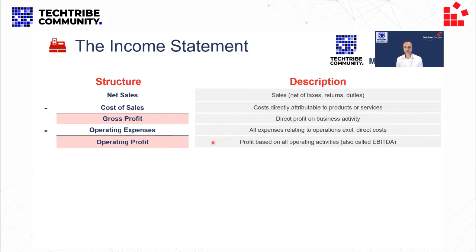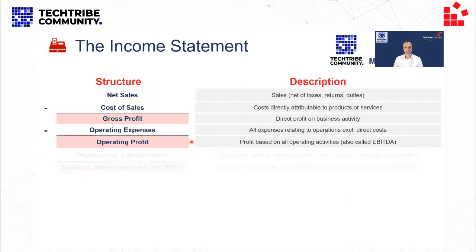So that's really to do with the question of whether the operations of the business are profitable. And that's why a lot of financial analysts prefer looking at the operating profit or the EBITDA of a business, because the non-operating expenses aren't really to do with the core of the business. They want to know whether the core business is profitable or not.